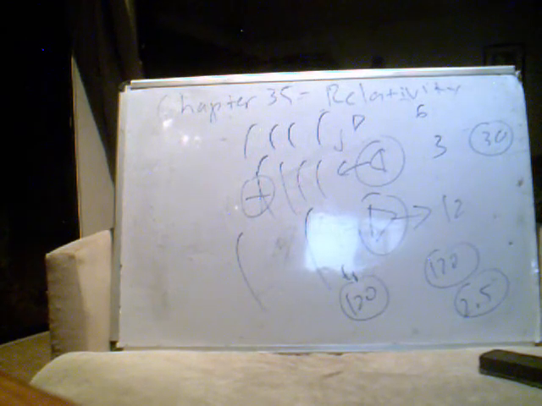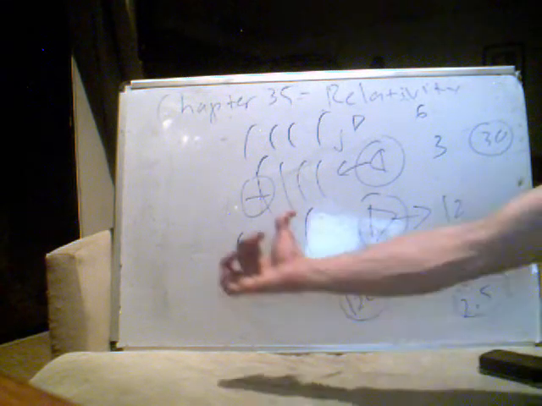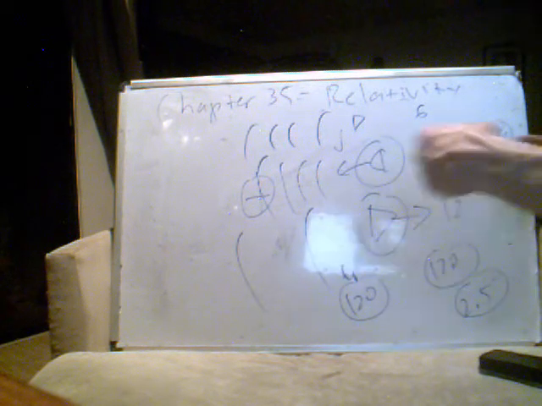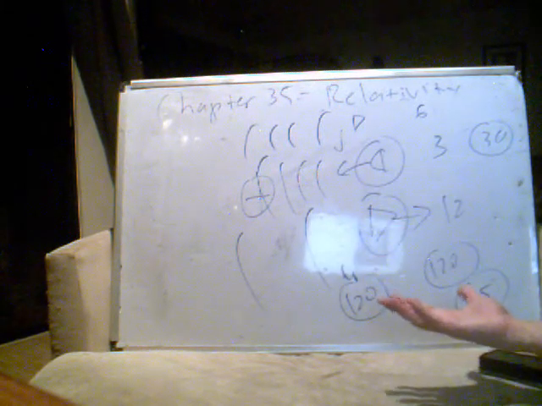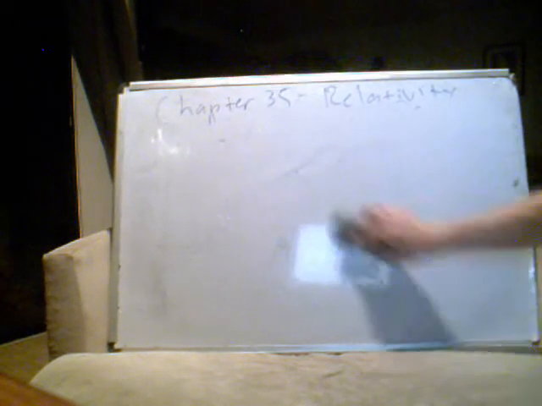Now normally, if you wanted to find out how fast two objects were moving relative to each other, you just kind of add them up, right? If you've got a car moving to the right at 100 miles an hour and a car moving to the left at 100 miles an hour, when they collide, that's a 200 mile an hour collision, right? However, for velocities close to the speed of light, they don't quite add so simply and easily.